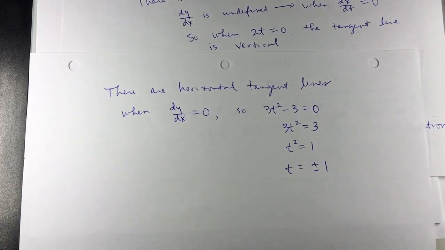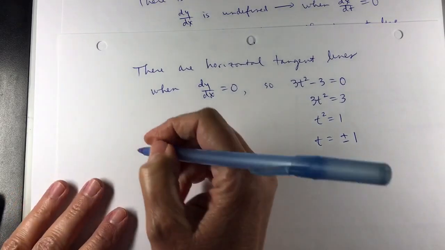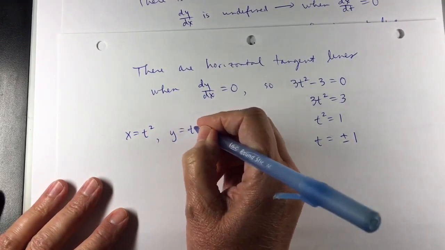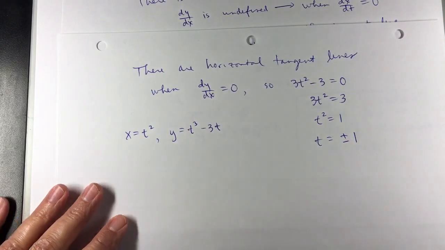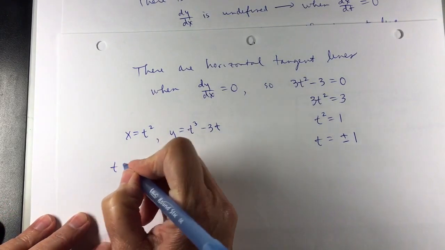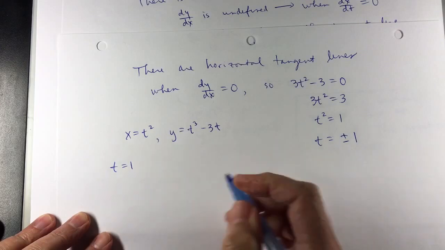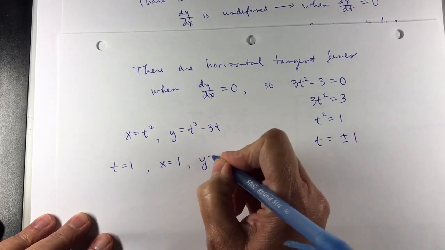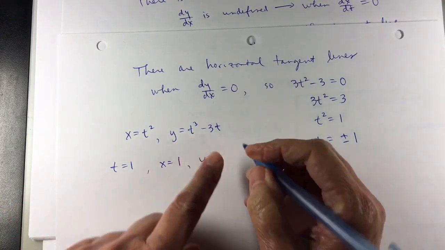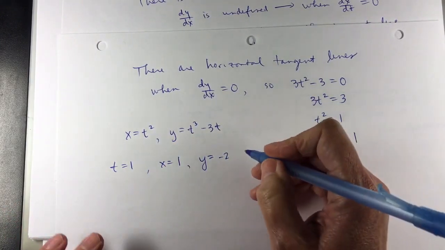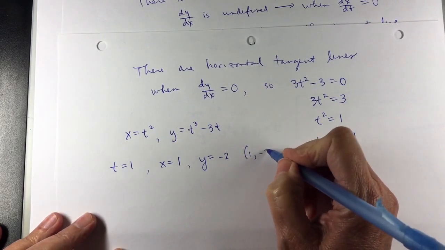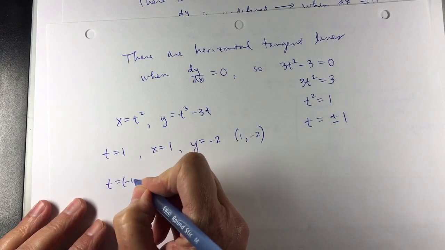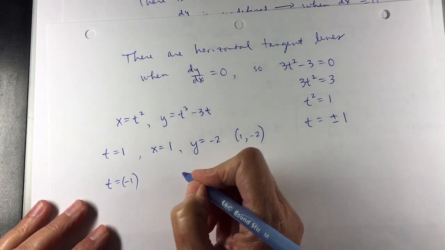Plus or minus 1. And from my equations, x equals t squared and y equals t cubed minus 3t, I can plug in t equals 1. So x is 1. And then y would be 1 minus 3. Y is negative 2. So there's a horizontal tangent line at 1, negative 2. And there's a horizontal tangent line when t is negative 1.